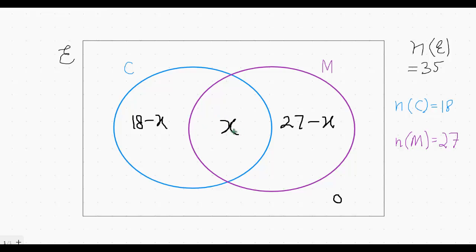X is one unknown variable, and for one variable we have to create one equation.